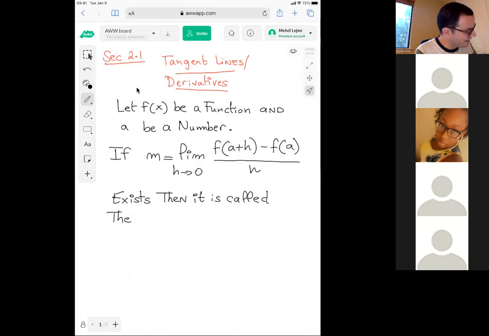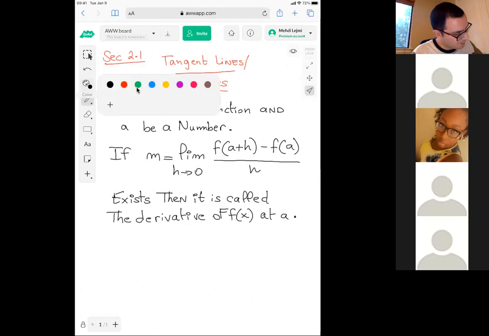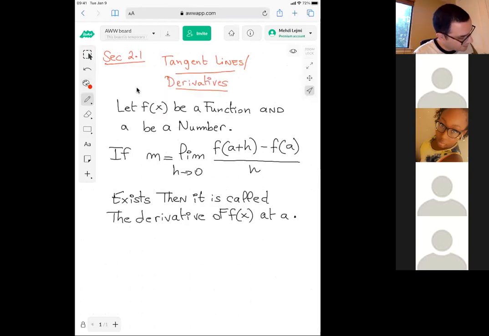So then it's called the derivative of f of x at a. If m exists, we say that f is differentiable at a.